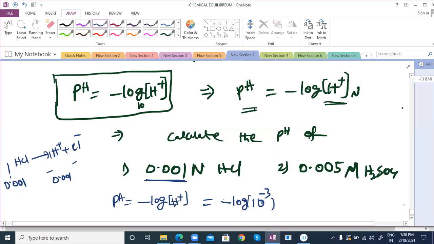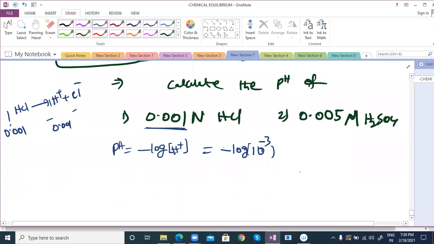This is the log A power M formula. Log A power M equals M log A, and log AB equals log A plus log B. These are the basic formulas you are going to use in pH problem solving.